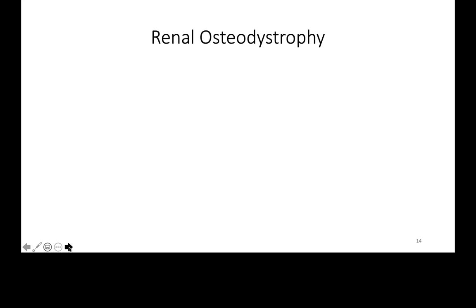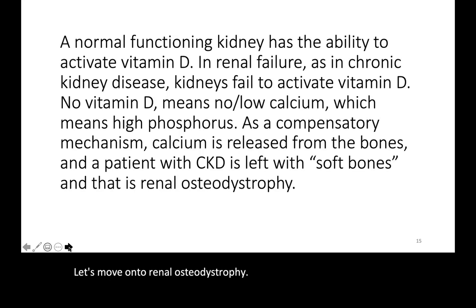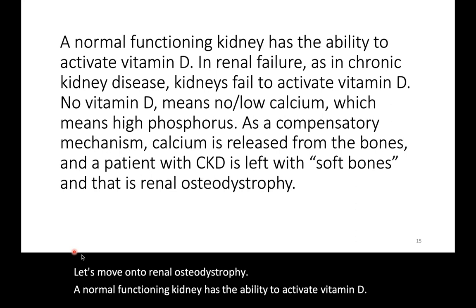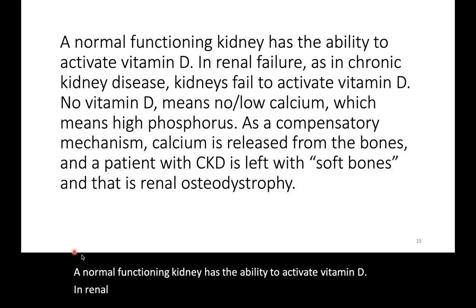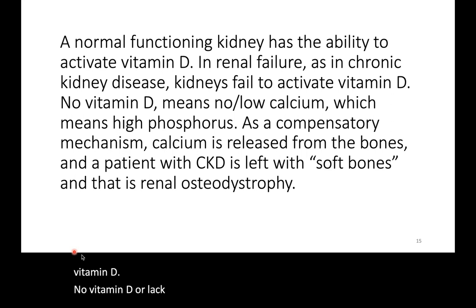Let's move on to renal osteodystrophy. A normal functioning kidney has the ability to activate vitamin D. In renal failure, as in chronic kidney disease, kidneys fail to activate vitamin D. No vitamin D or lack of vitamin D means low calcium, which means high phosphorus.